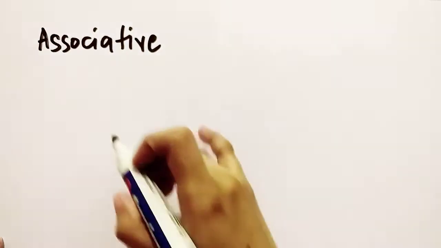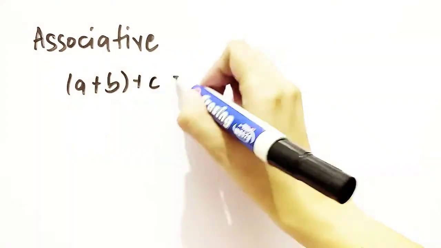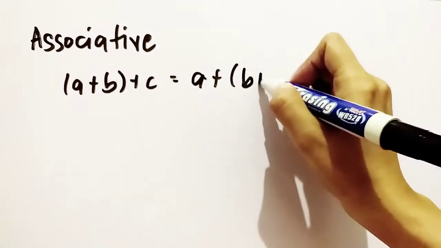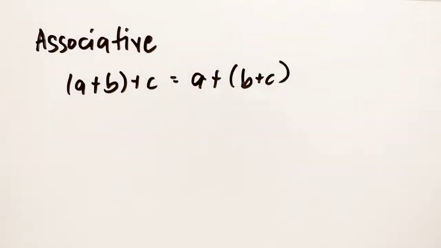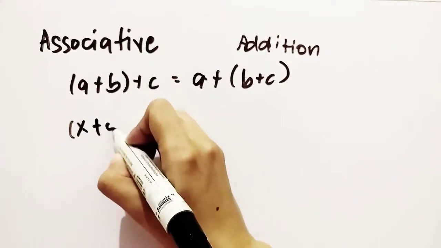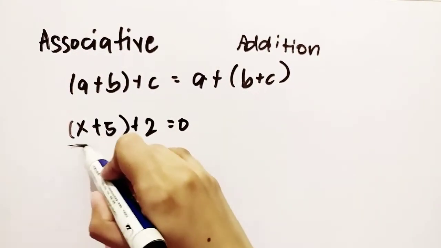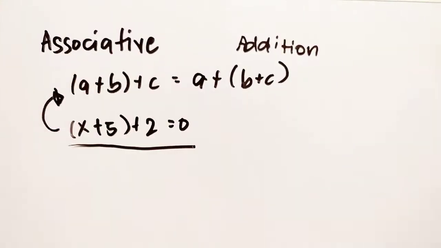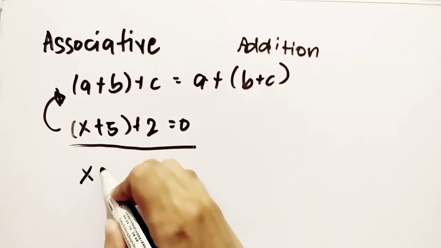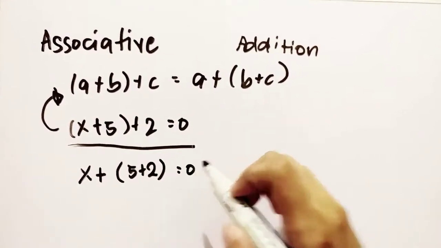So first, let's go further on associative. According to the table, we have this form. So this works for addition. Like for example, we have x plus 5 plus 2 is equal to 0. So this equation is in this form, which is also equal to x plus (5 plus 2).